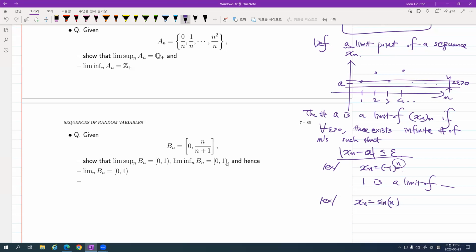What about any real number between 1 and -1? It is also a limit point. So in this sequence, the set of limit points includes all the real numbers between -1 and +1, including the endpoints. Given that set, what is the supremum of the limit points? 1. What is the infimum of the limit points? -1. Got it?